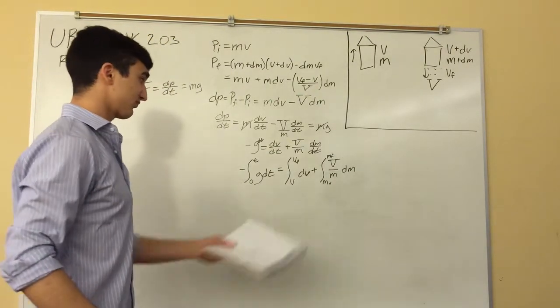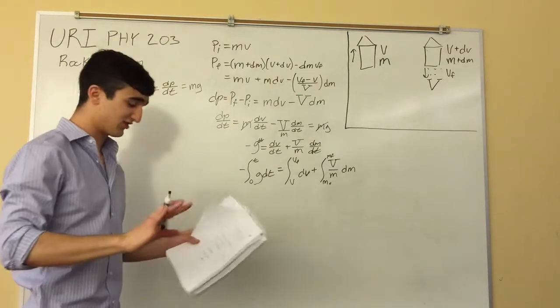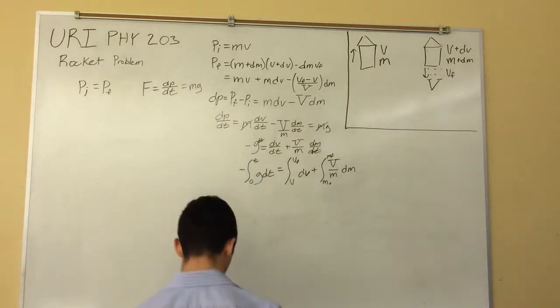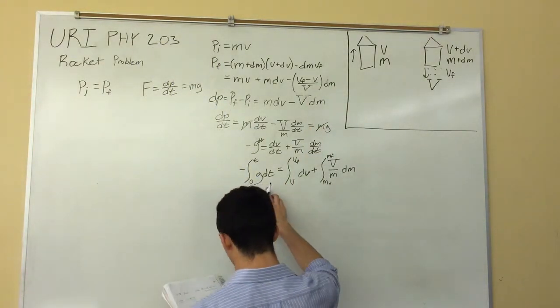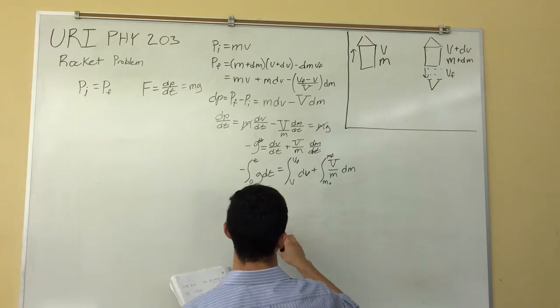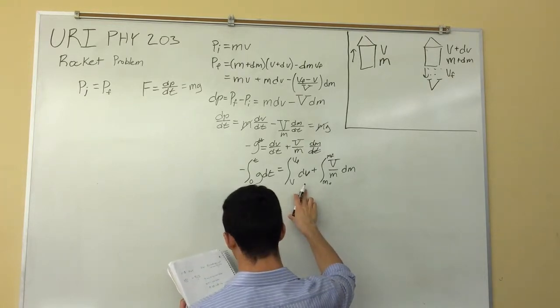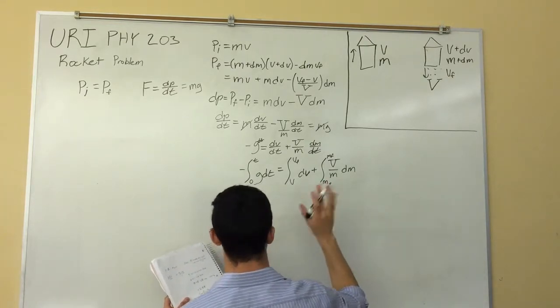And really, after showing this step right here, that's proof enough to be able to come to the conclusion that, well, this becomes v, you know what, we're just going to do this all at the same time.